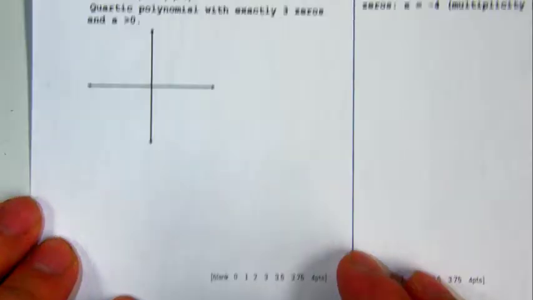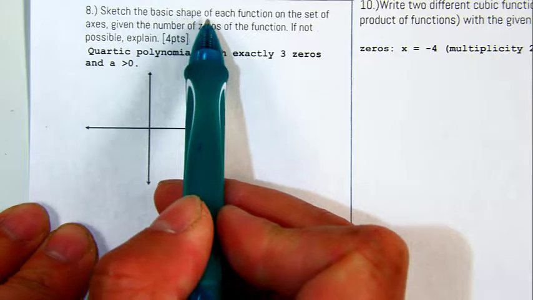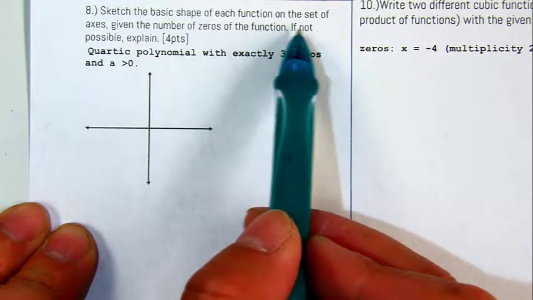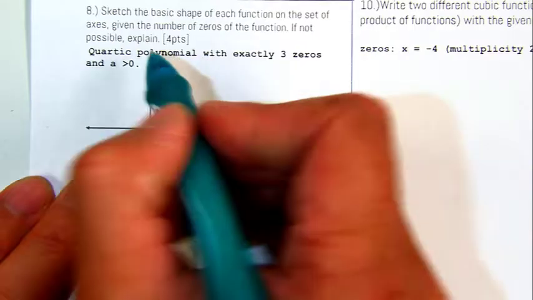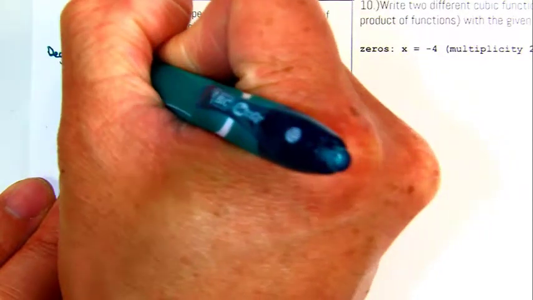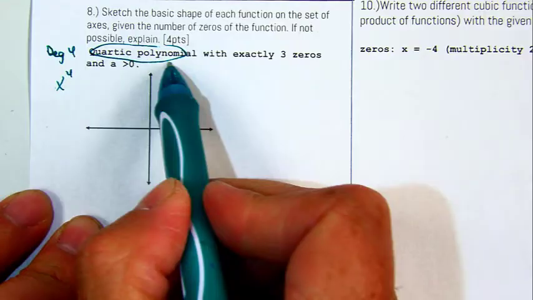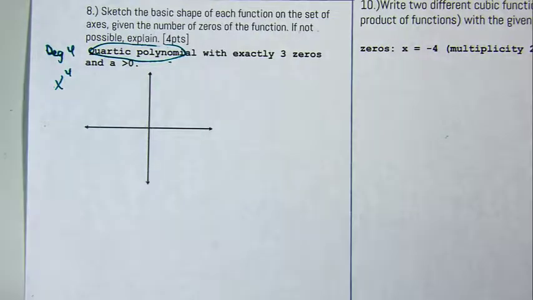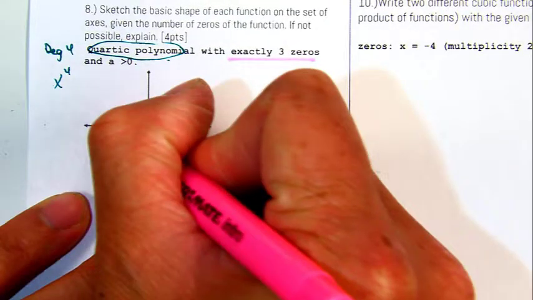Question number 8. Sketch the basic shape of each function on the set of axes given the number of zeros of the function. If not possible, explain. So you have a quartic function. Quartic means you have a degree of 4, so like something like x to the 4th power. And then it says you have exactly 3 zeros. Now here, I'm going to underline it, different colors, put them at random places.